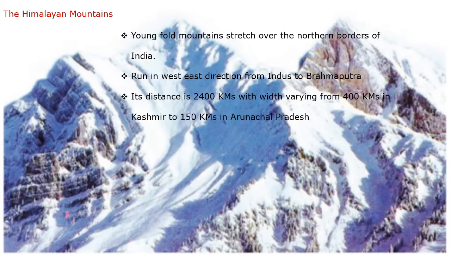The distance which it covers is 2,400 kilometers, and the width differs from place to place. The Himalayan mountains' width is 400 kilometers at Kashmir, and as it goes on, it reduces to 150 kilometers in Arunachal Pradesh. From place to place, the width has been reduced.